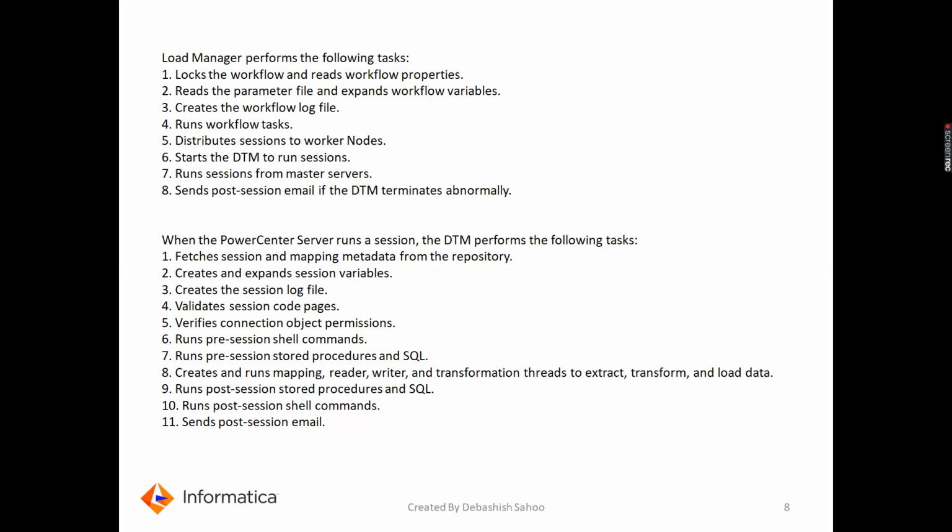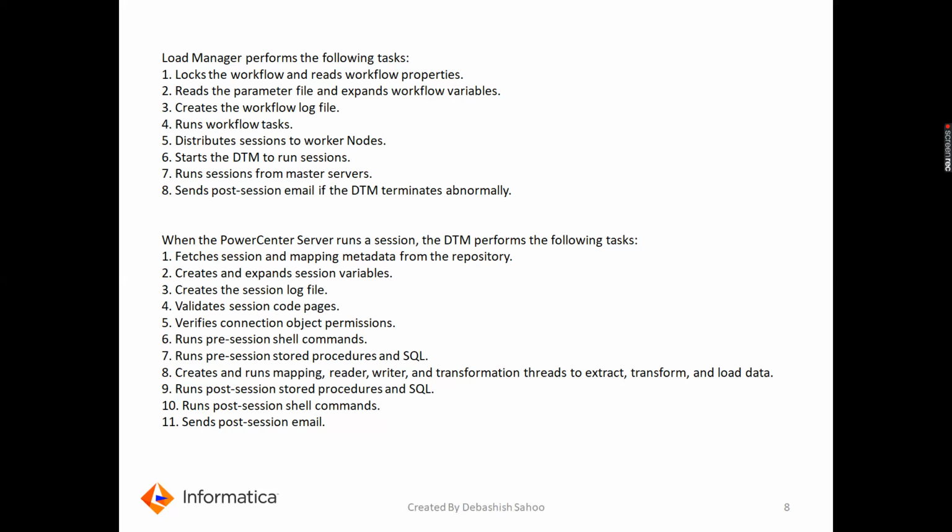For the number of tasks running on each and every node, each task will have a different DTM process running. That DTM process takes care of the session log, validation of the session code page, the pre-session command and post-session command, and what connection objects have been defined, that is, the permissions for that.